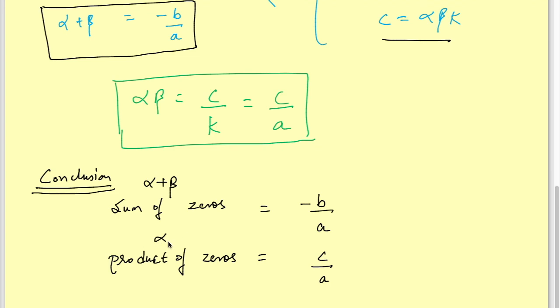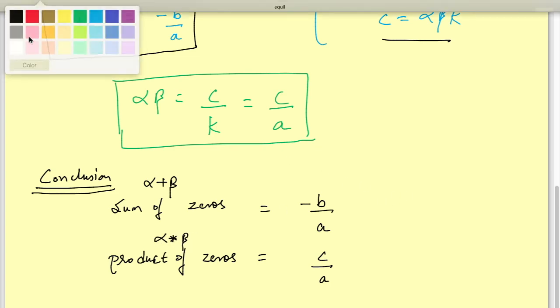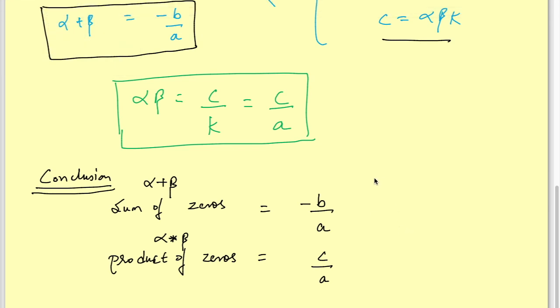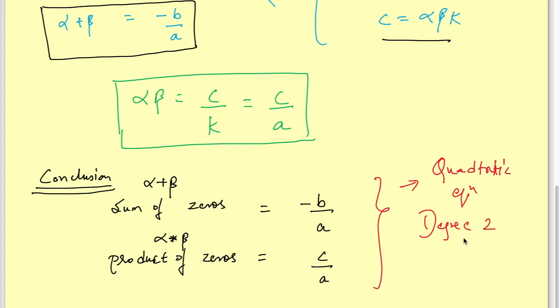Now the sum of zeros, that is alpha plus beta. The product of zeros is alpha into beta. Now let me remind you one more time that this is for quadratic equations only, that means of degree 2.